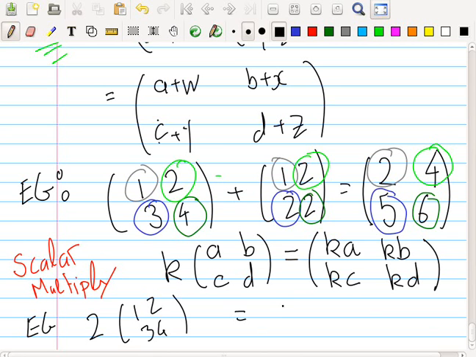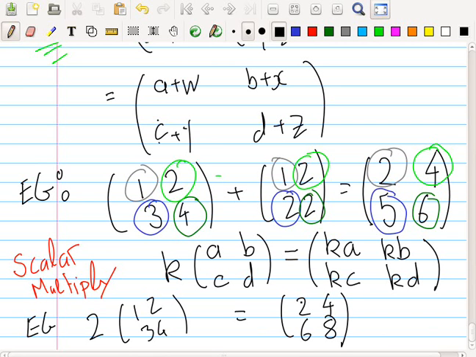What would that equal? 2, 4, 6, 8. Okay, so that's how you multiply.